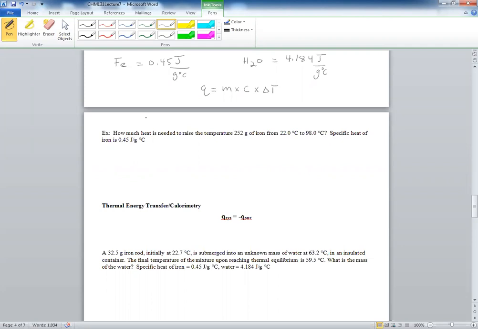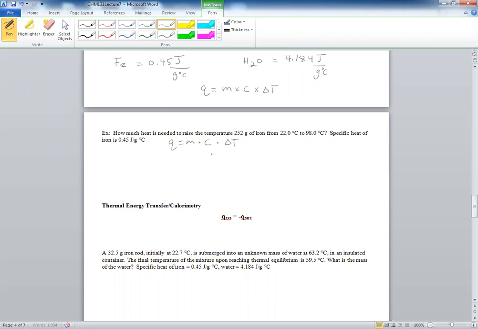Now, be aware that this equation that I shared with you before, which is Q equals M dot C delta T, can be used to solve for any of these. So at this level, we know how to manipulate the equation. If I'm solving for mass, then I would need to be given the heat, the specific heat, and the change in temperature.